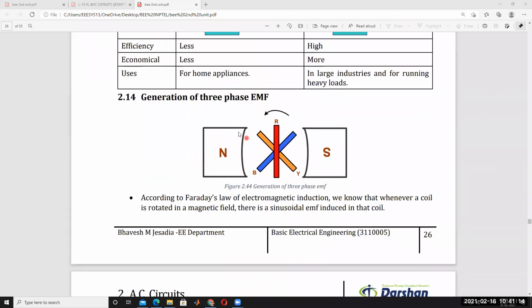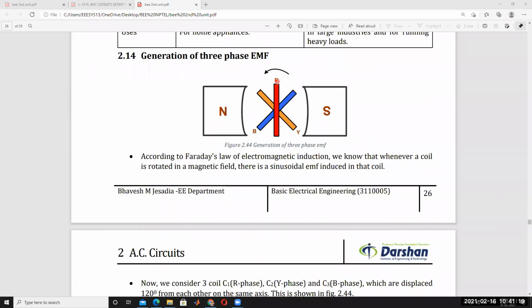Next, the generation of a three phase EMF. This is called the R phase; one phase is connected like this, it is called the Y phase, and this is called the B phase. The three phases are displaced by 120 degrees.